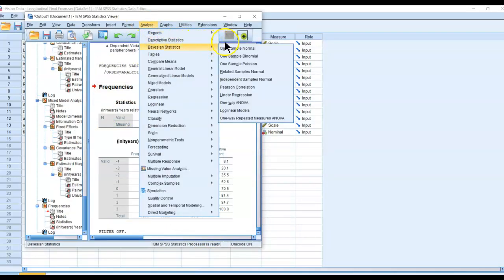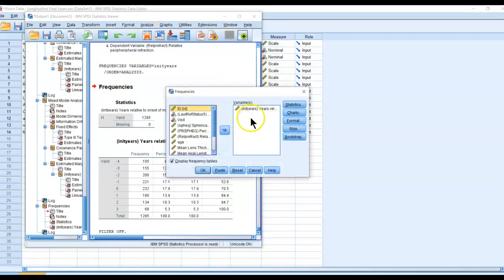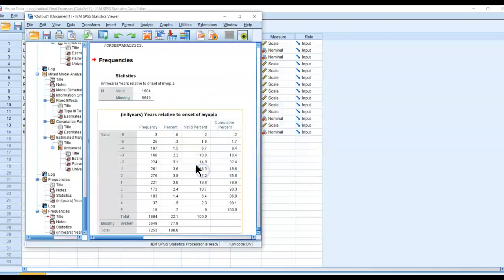Analyze descriptives, frequencies, init years, and we see that we have data that goes from -6 down to +5. But we're pretty thin in the -6 and -5 and the +4 and the +5.